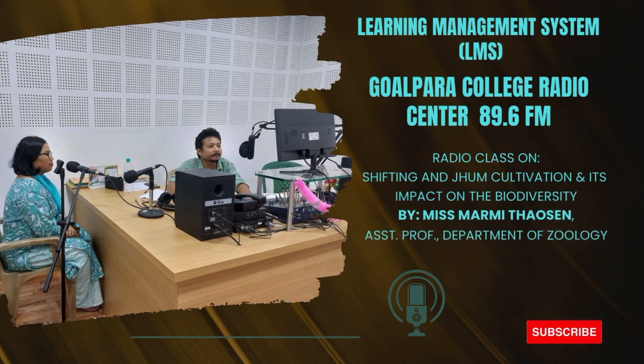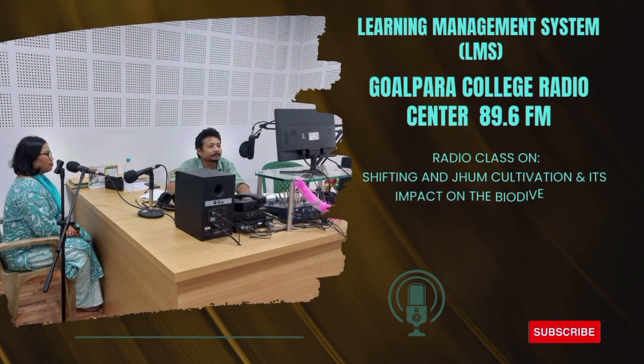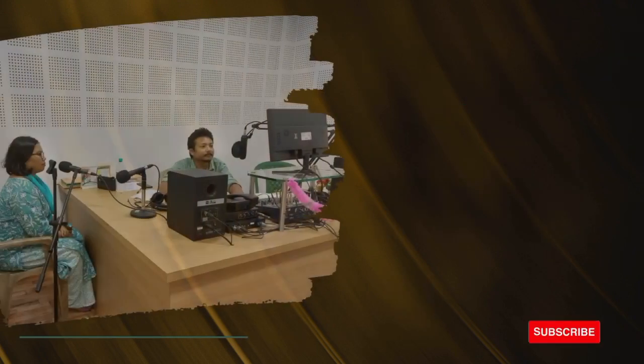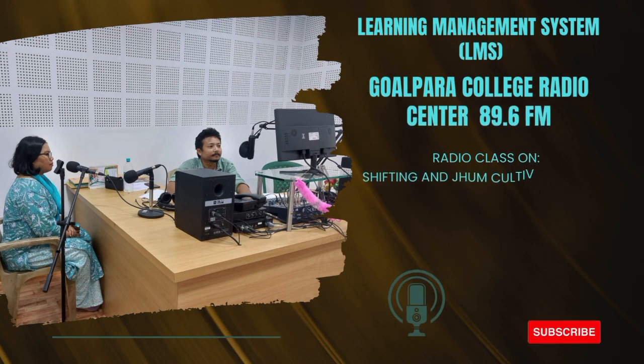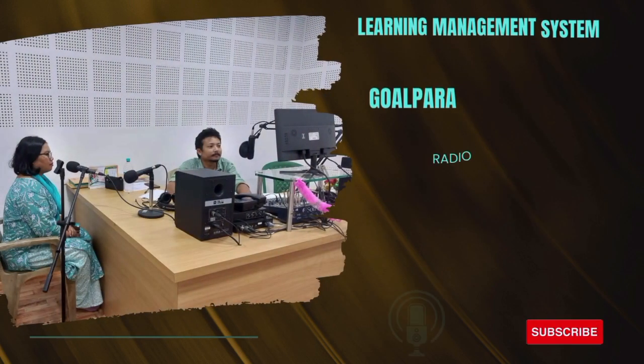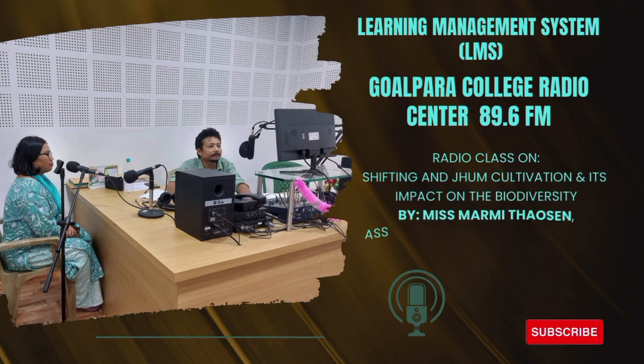This system can be used in place of Jhum cultivation to maintain the soil fertility and prevent soil erosion, while still allowing the communities to cultivate their crops for their livelihood. Conservation agriculture also helps to increase biodiversity by maintaining soil health and reducing the use of chemical fertilizers and pesticides.